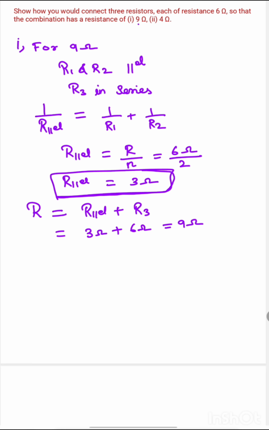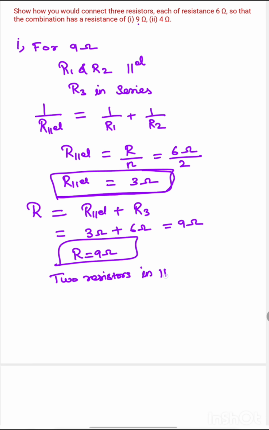So to get the value of resistance as 9 ohm, we have to connect two resistors in parallel and one resistor in series.